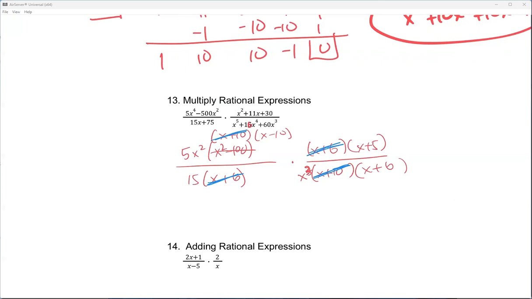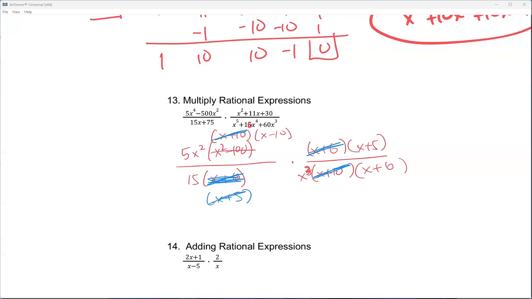Missing something here. Right, this is x plus 5 right here. Sorry, this is x plus 5.